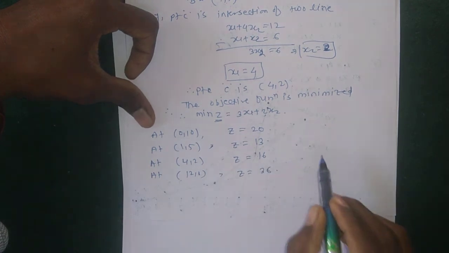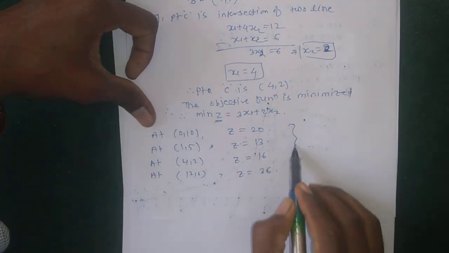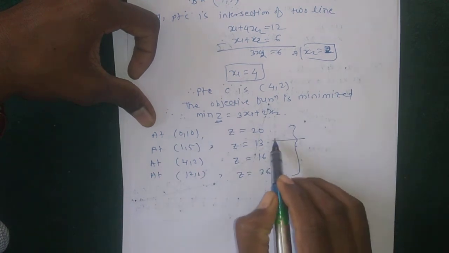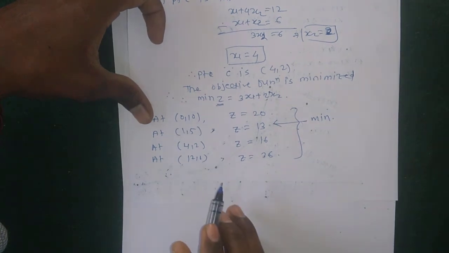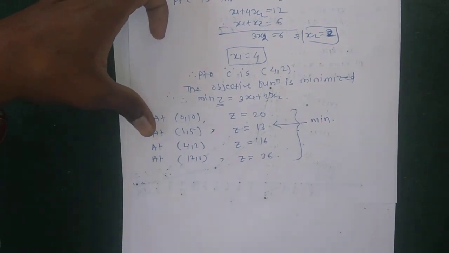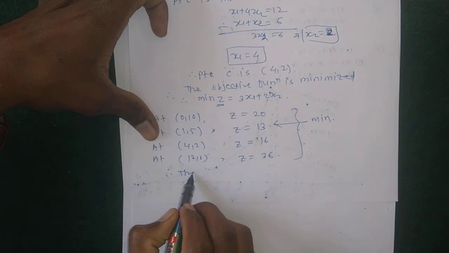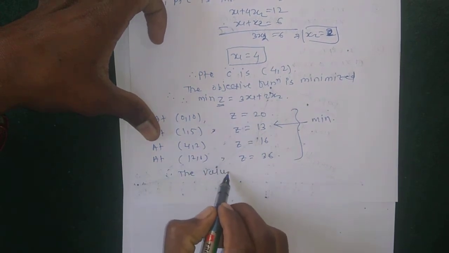Okay, and therefore the minimum value of Z among all points is this one.